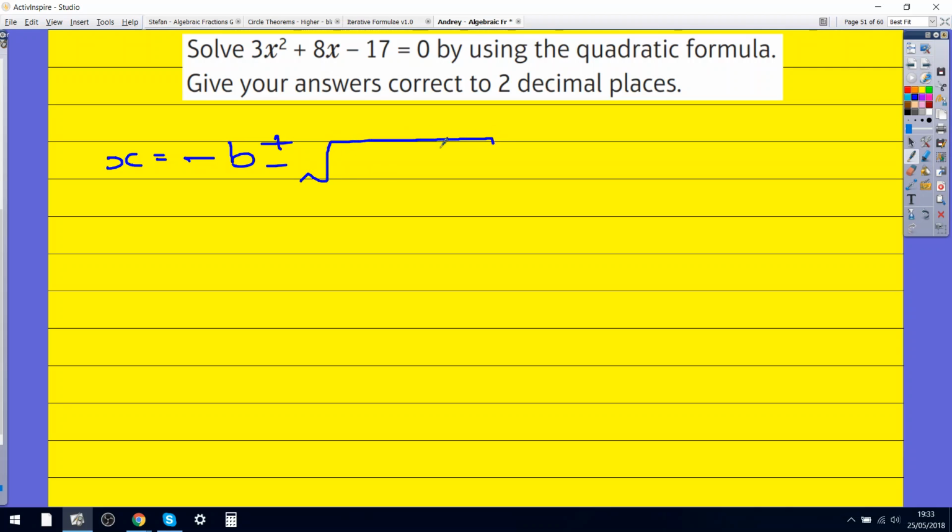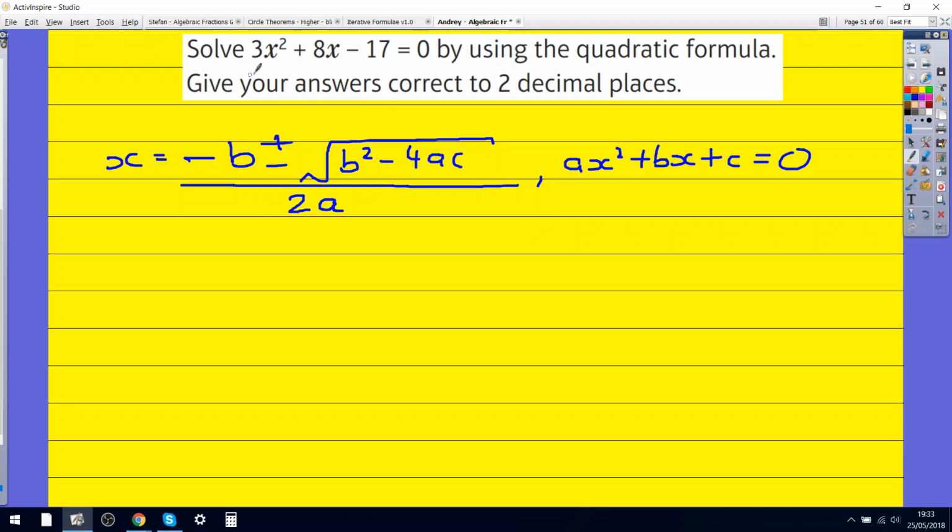Okay, so they give you this formula, for a quadratic, that's when you have ax squared plus bx plus c equals 0. For this one, what is a? A is 3. B? 8. And c? Minus 17. Yeah, and so just sub them in. Okay, that's what you get.